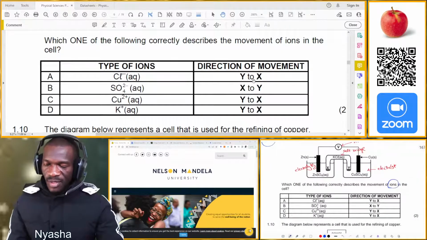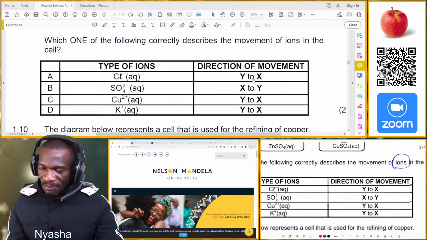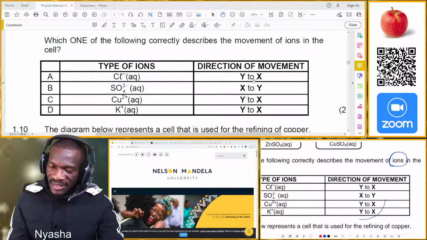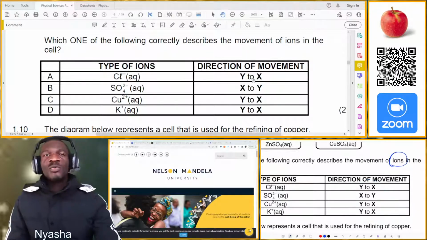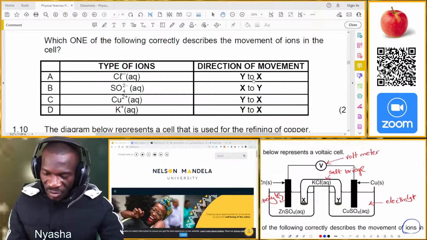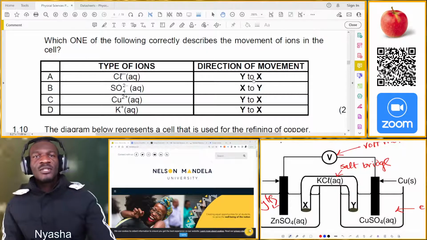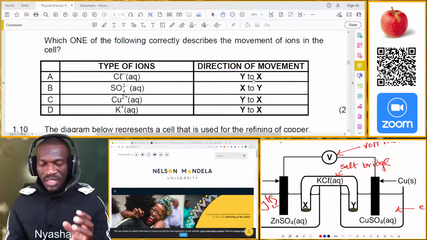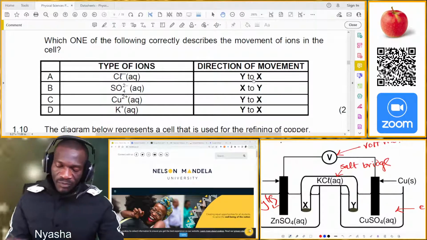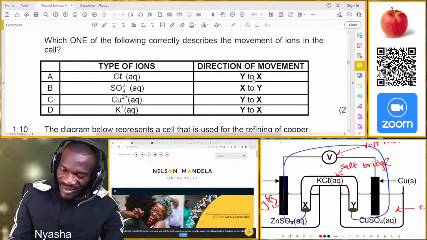So by inspection, the movement of ions is being discussed between the following 2 points, X and Y. If there is a motion between the 2 points, it's either we have motion between X and Y externally, right?